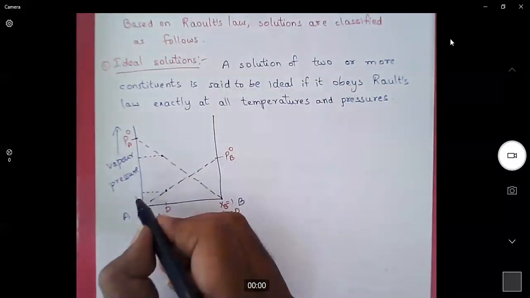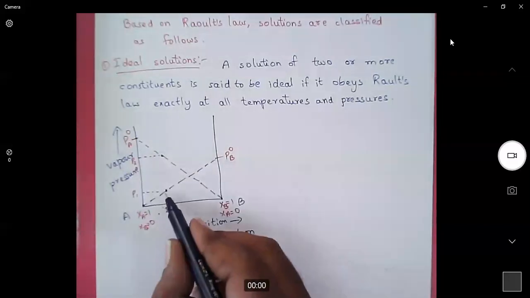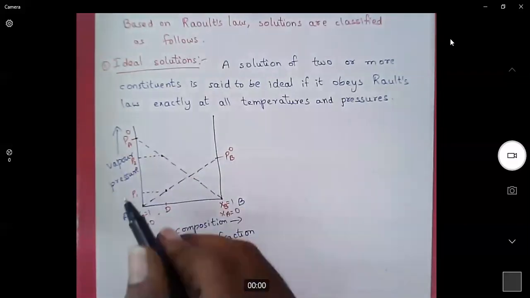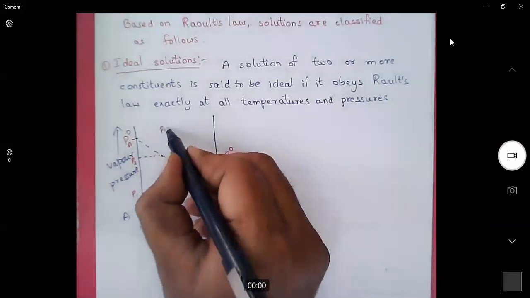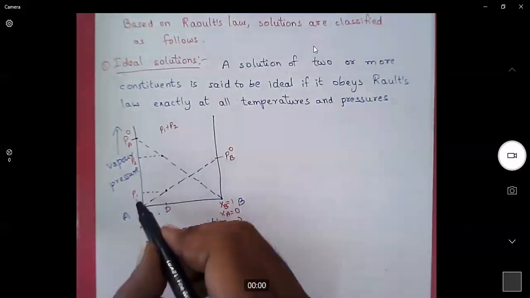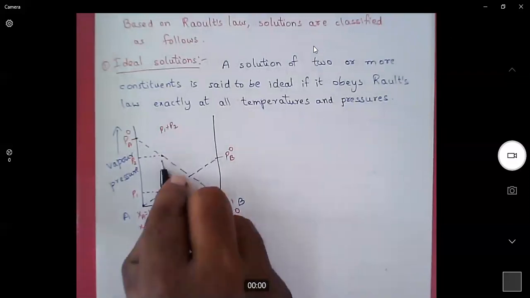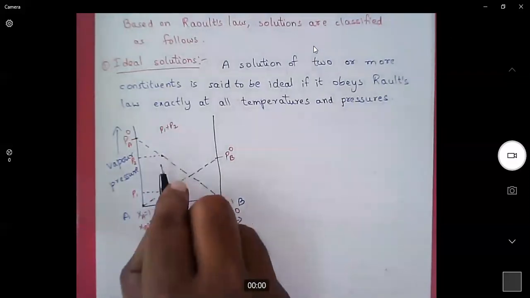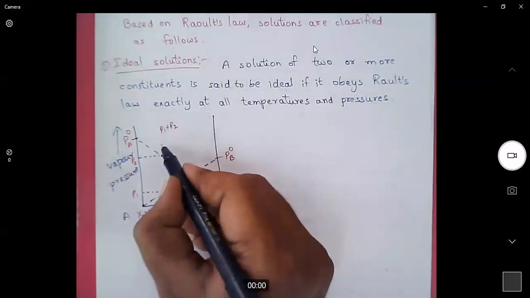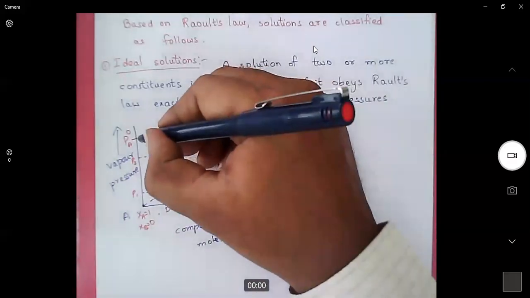Say it is P1 and P2, then the actual pressure of the solution at this point will be P1 plus P2. We add P1 to P2, and it becomes somewhere like this. So this is what ideal solutions are.